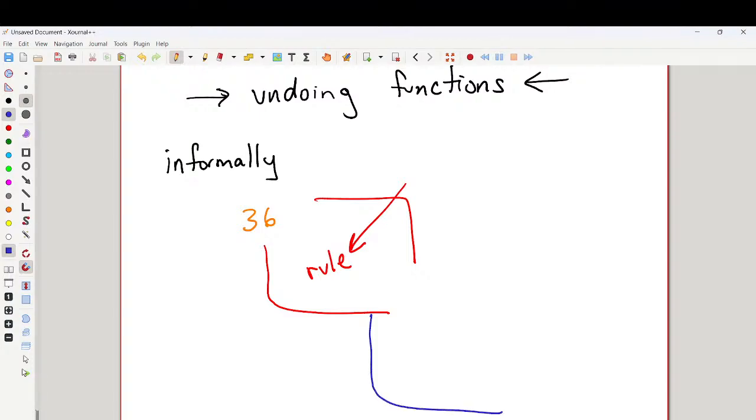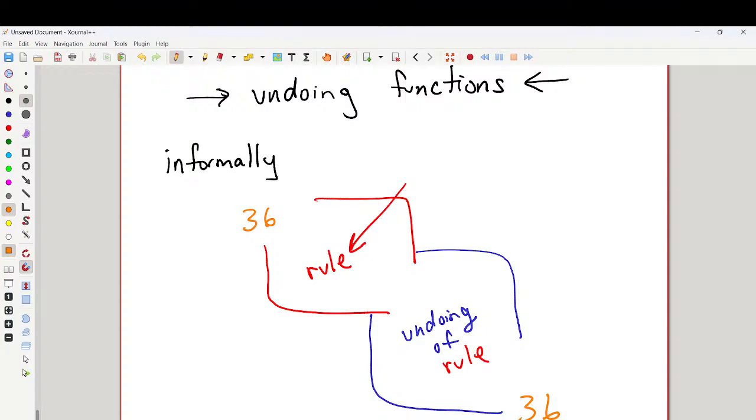But we're going to compose it with the undoing of this rule. So that's a new machine. You'll see what I mean in a minute. So if this is the doubling rule, this is dividing by 2 rule. Therefore, you would get back exactly what you started with. So it plays really well with composition.